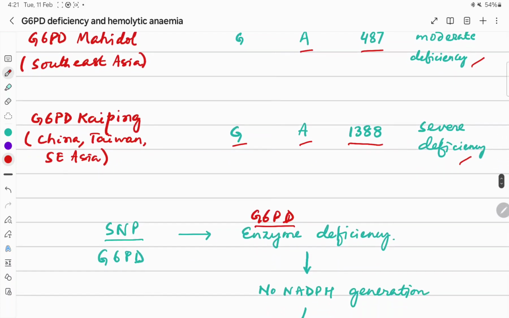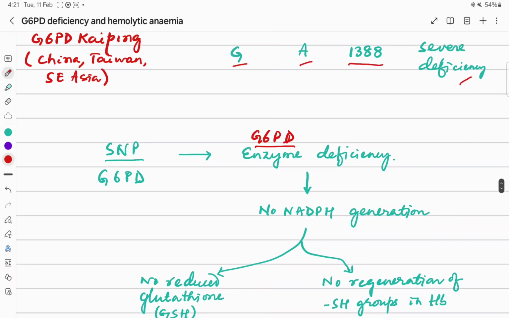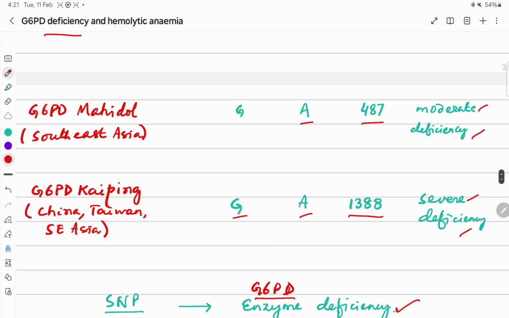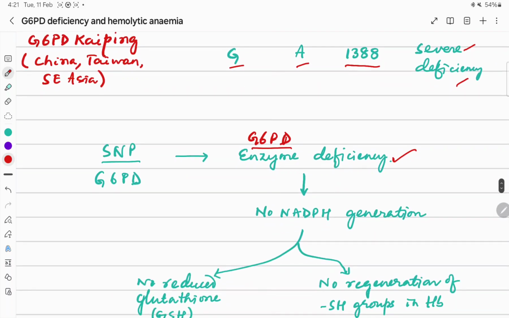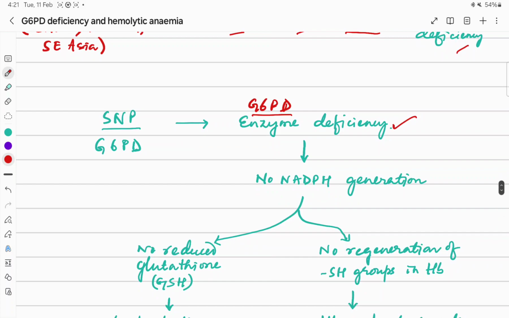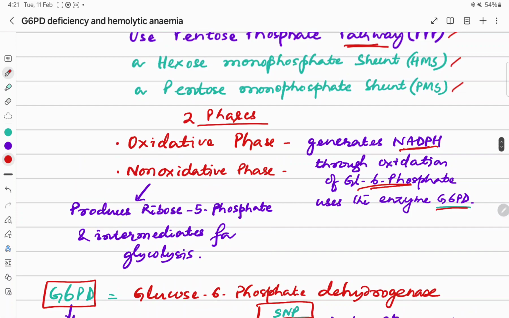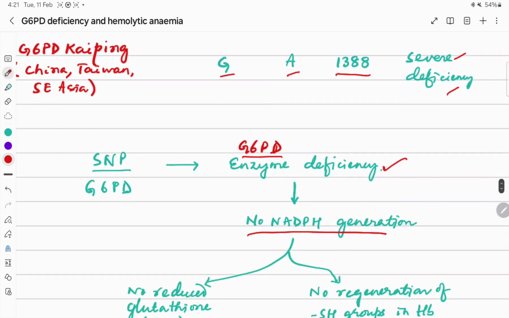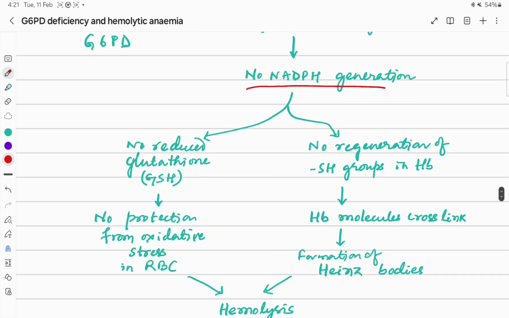So the single nucleotide polymorphism in the enzyme glucose 6-phosphate dehydrogenase causes deficiency, as you have seen here, either severe deficiency or moderate deficiency, and because of that there is no NADPH generation through the pentose phosphate pathway, and because of this there will be no reduced glutathione, and there is no regeneration of the SH groups in hemoglobin.